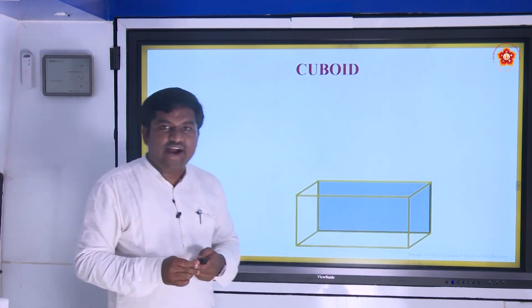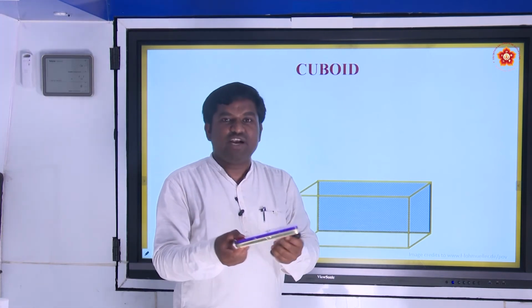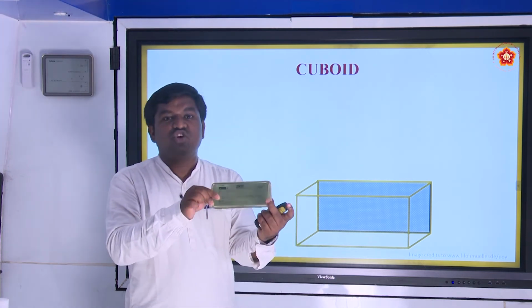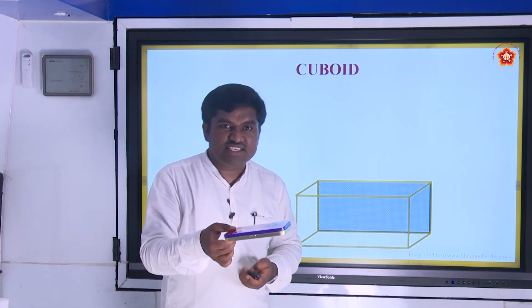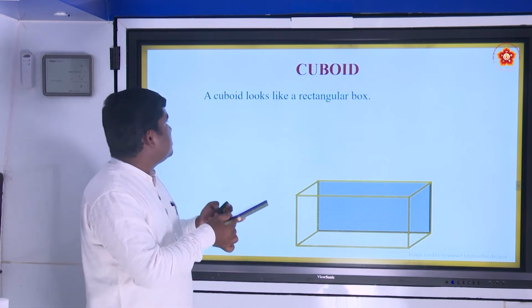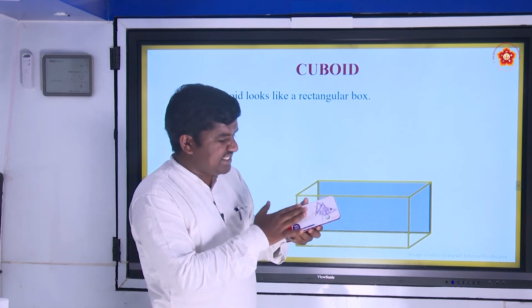Next, cuboid. The best example is your instrument box or geometry box. This is the shape of a cuboid. See how many faces, edges and vertices are there in this cuboid. A cuboid looks like a rectangular box. In one face, you can see the shape of a rectangle.